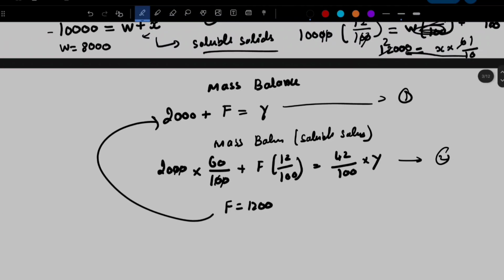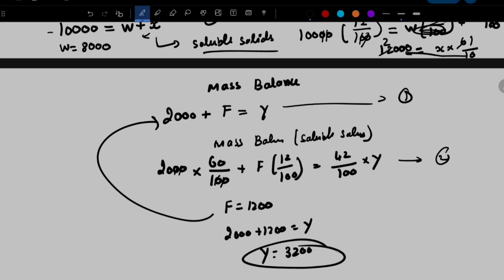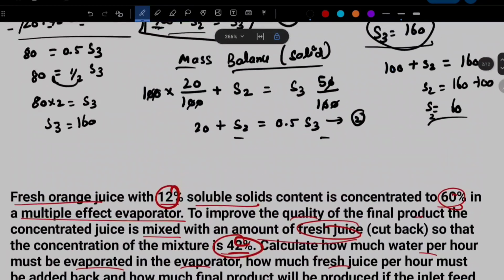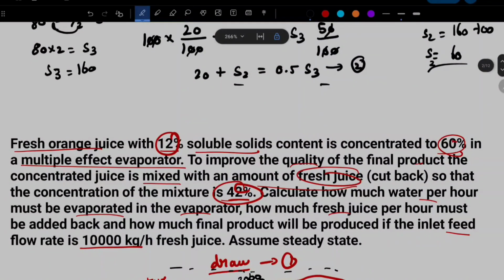Once I get F by solving the first and second equation, I add it back into the first one. So 2000 plus 1200 is equal to Y, so Y is equal to 3200. So the final output product is 3200, the fresh juice I'm adding is 1200, and the water removed is 8000.